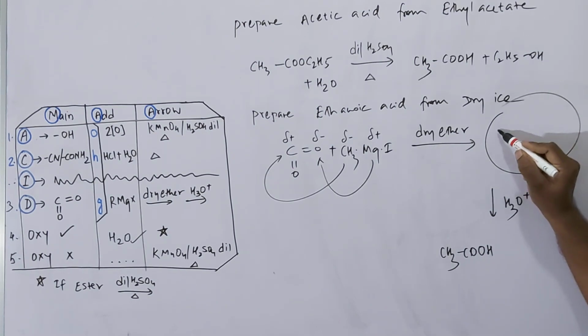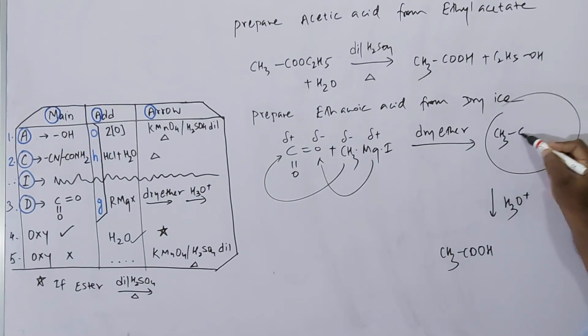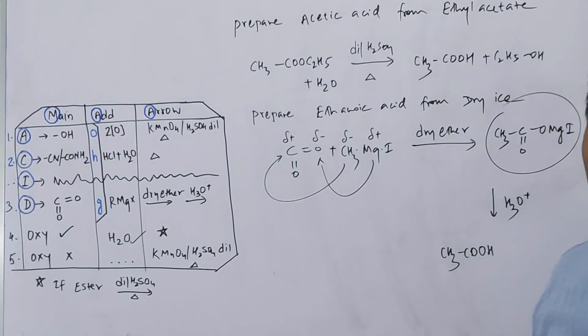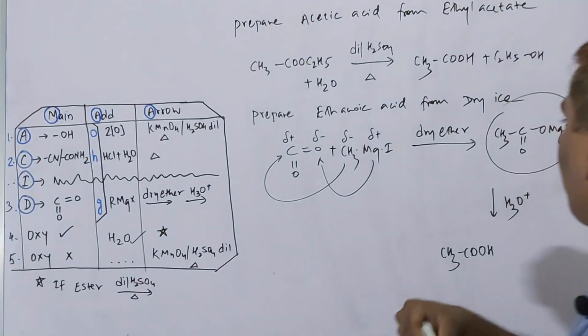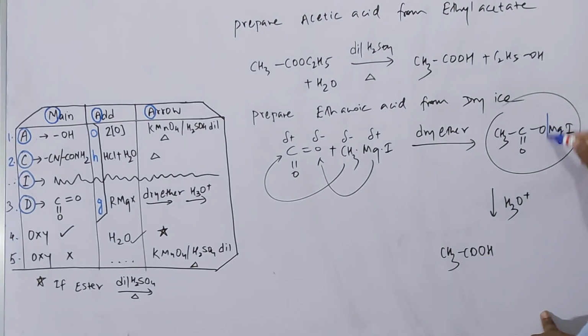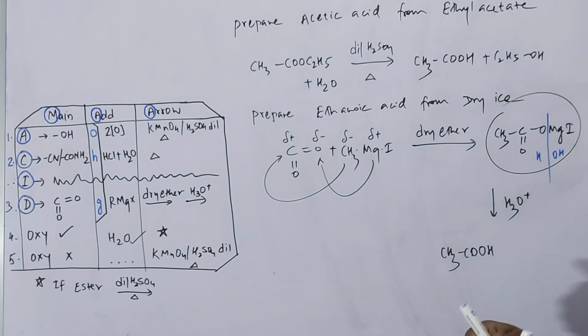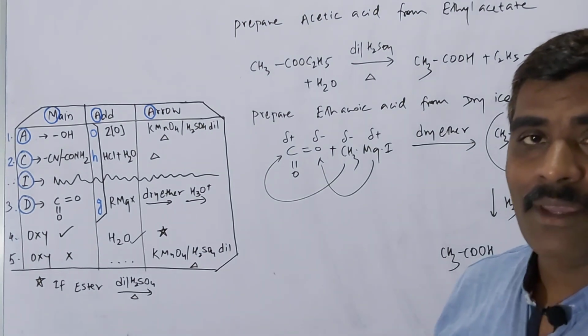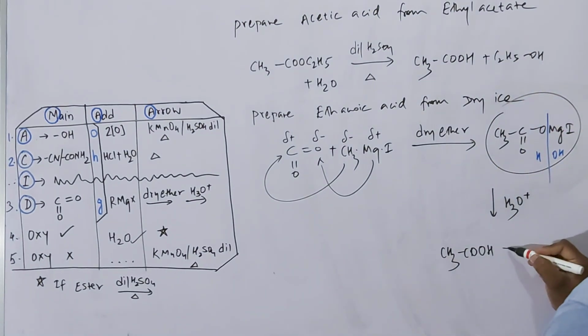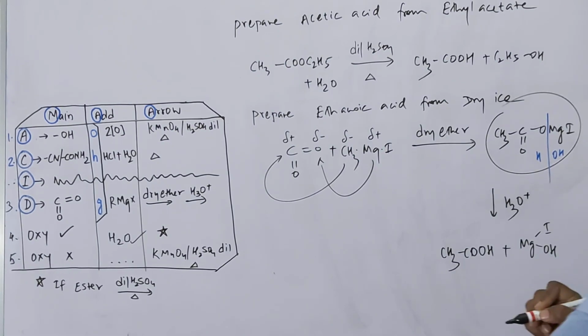Here we get CH3, then C double bond O, and OMgI. Finally, acid hydrolysis: here we'll write H and OH. The byproduct we get is magnesium with iodine and this OH.